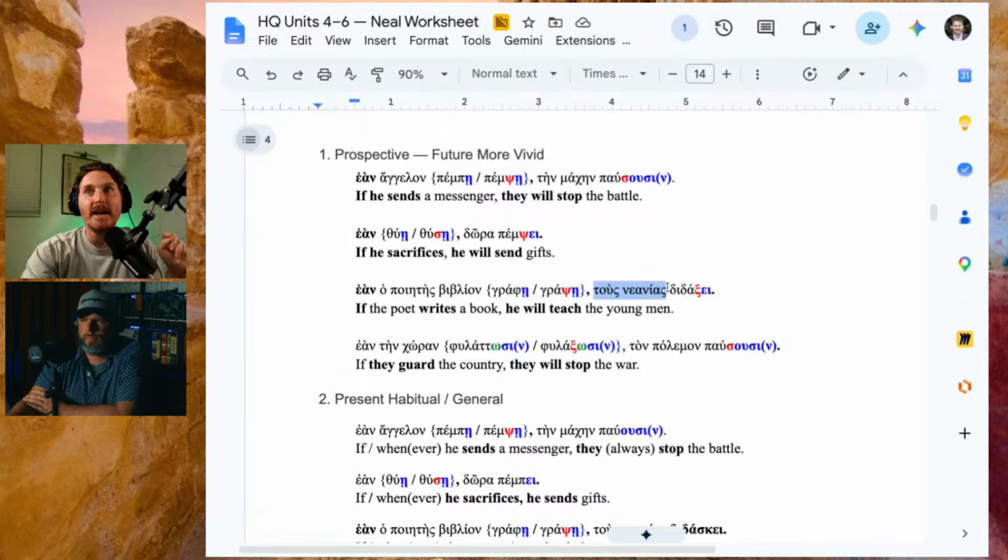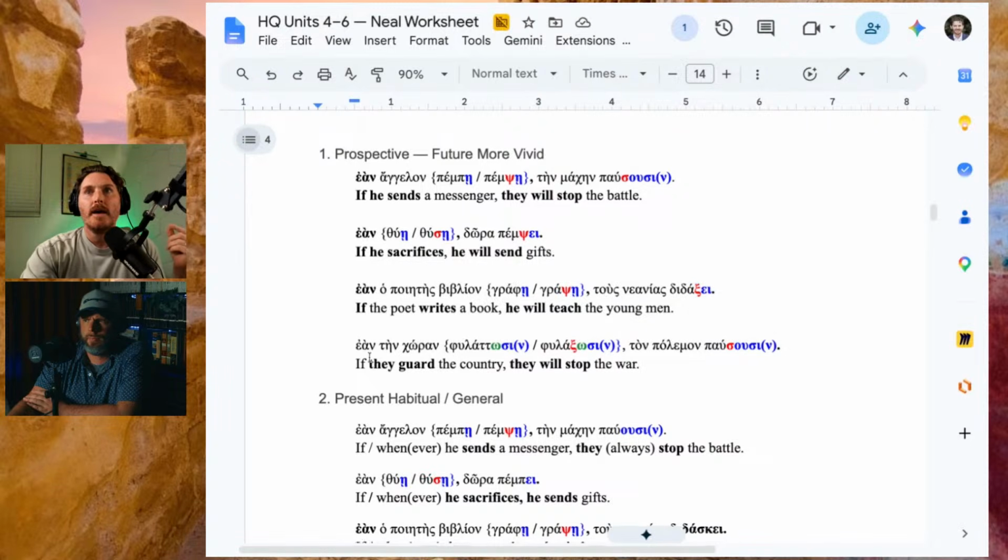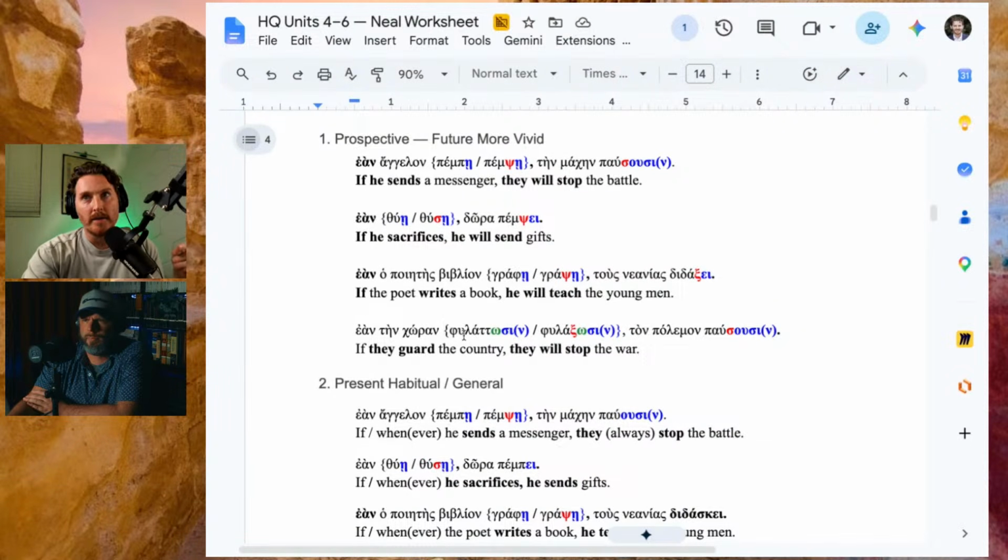Tus neanias didaxe. So he will teach the young men, and then this is a future sigma, right? And then ean tein horan philatosin or philaxosin, right? Depending on whether or not he's doing it all the time or once. If they guard the country, ton polemon paususin, they will stop the war.